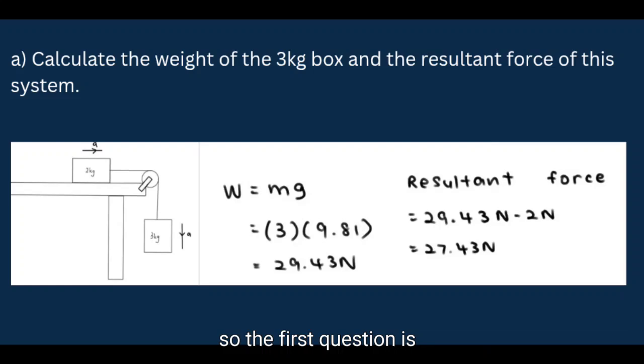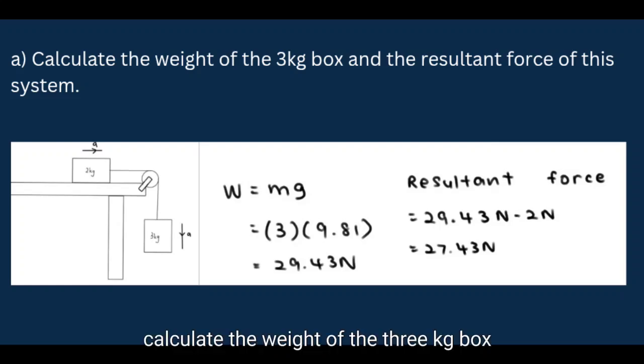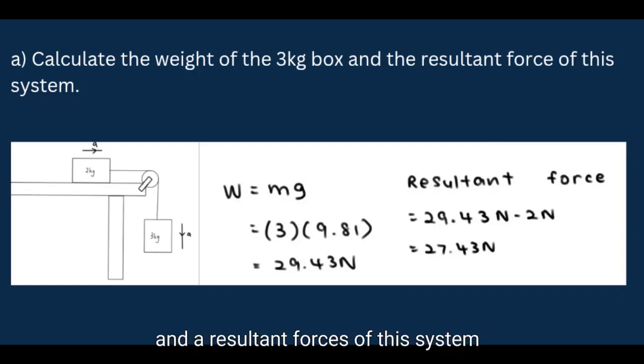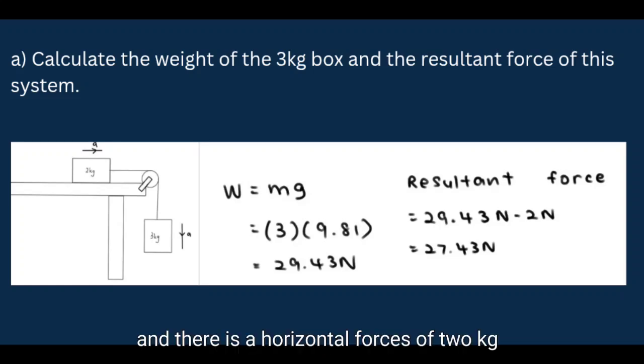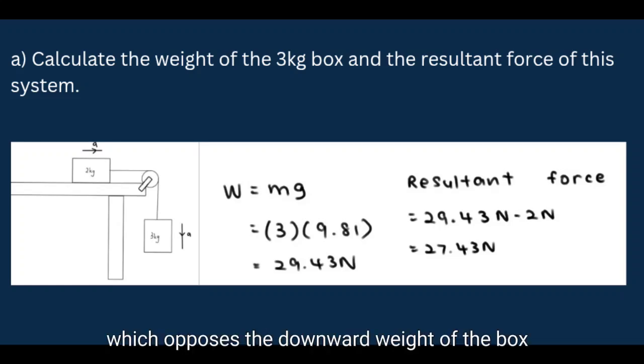So the first question is, calculate the weight of the 3 kg box and the resultant force of this system. First, the system has a 3 kg box attached to a pulley, and there is a horizontal force of 2 N which opposes the downward weight of the box.